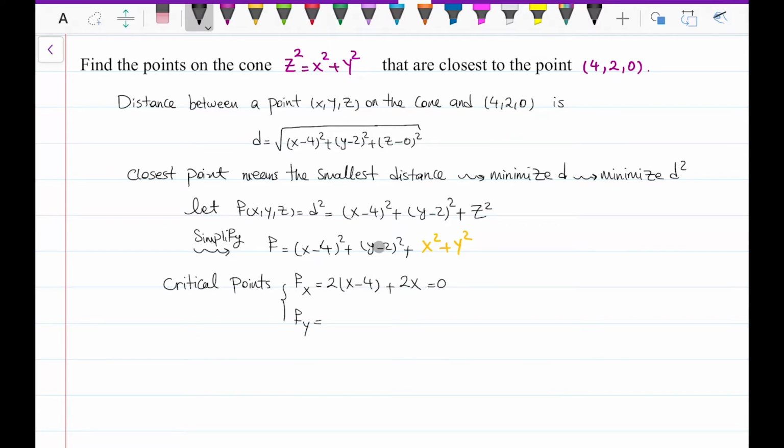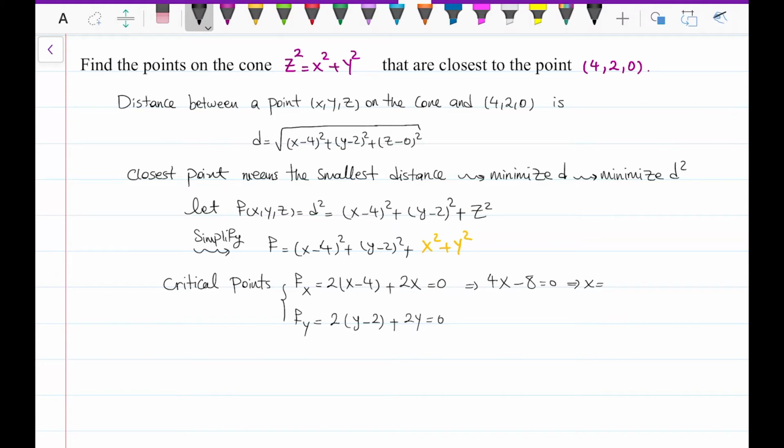I'm going to do the same thing with respect to y. The x term would be 0 with respect to y. This one would be 2 times (y minus 2), plus 2y, equals 0. Now let me simplify the first one. 2x plus 2x is 4x, and then minus 8 equals 0.